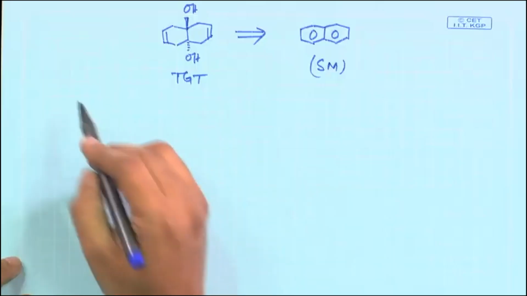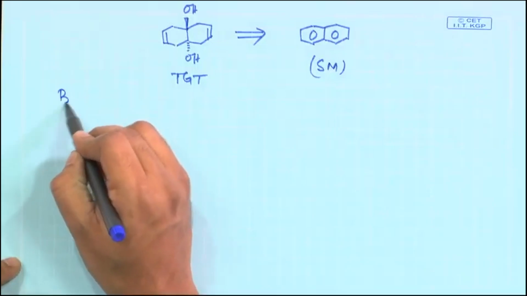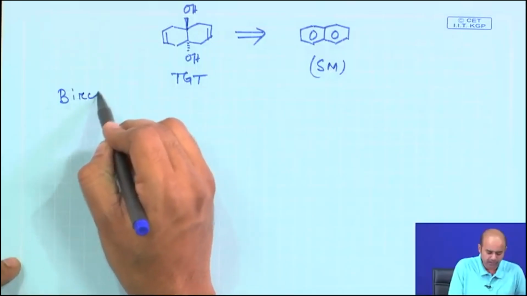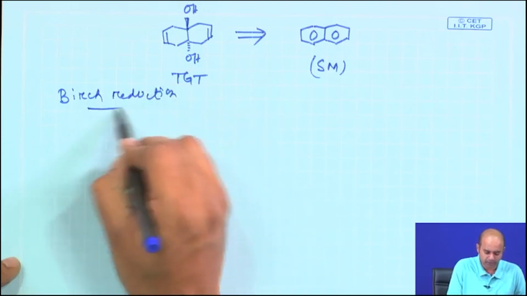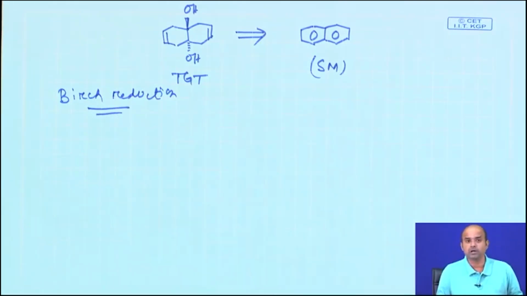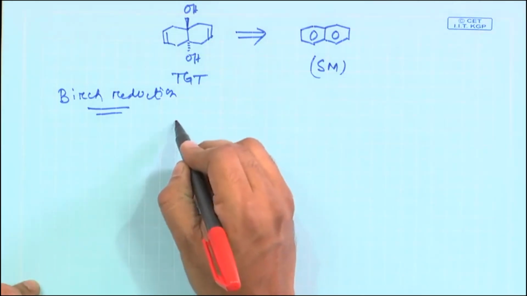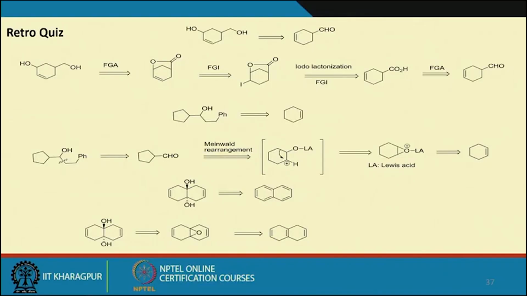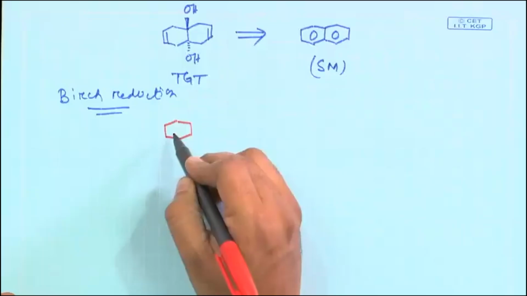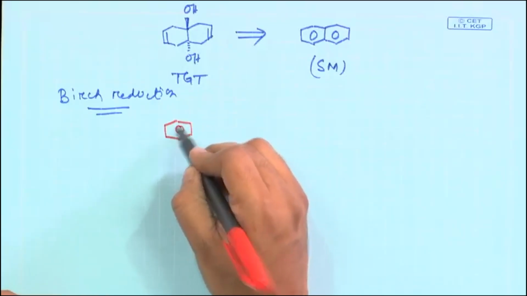Can you name some reactions where an aromatic nucleus is converted to a non-aromatic compound? The very first reaction that should come to your mind is the Birch reduction. The Birch reduction is a very important reaction, and probably in subsequent coursework we will discuss it in great detail.